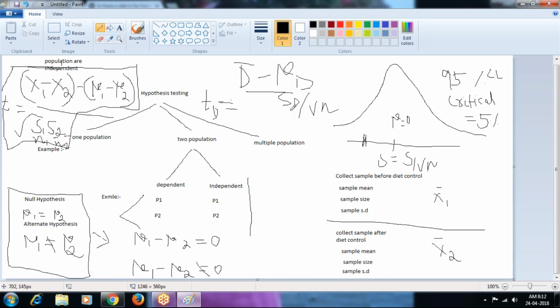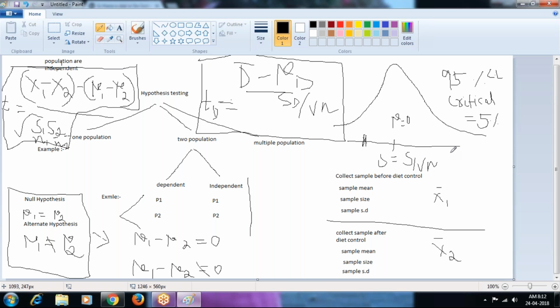S of d is the standard deviation of your sample differences, and n is your sample size. Now we can get this from our sample data.